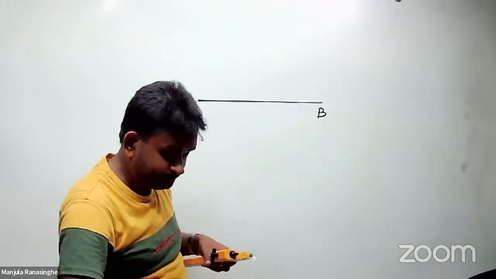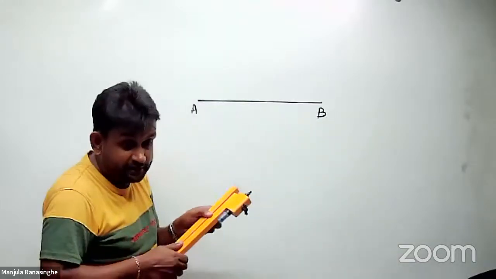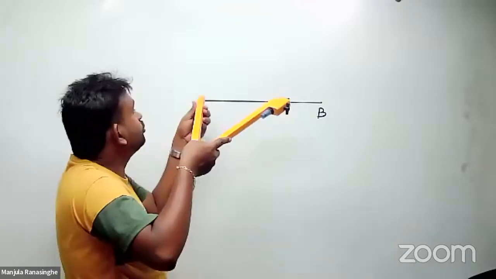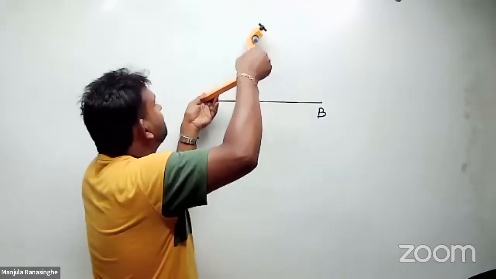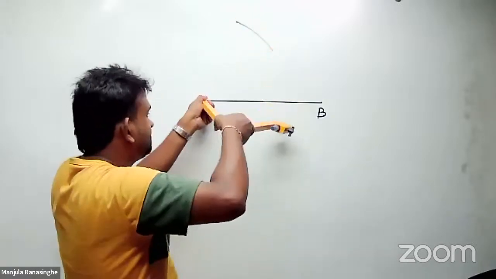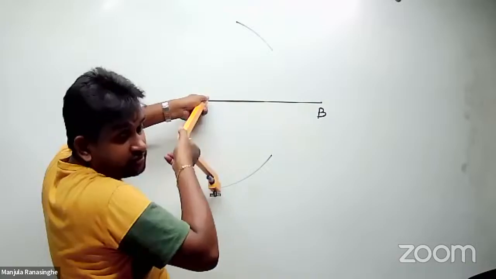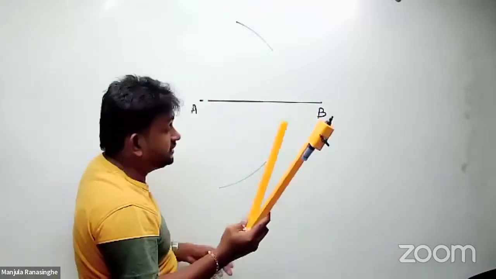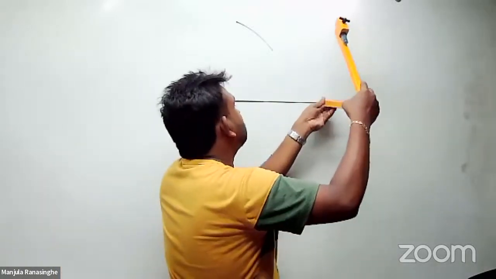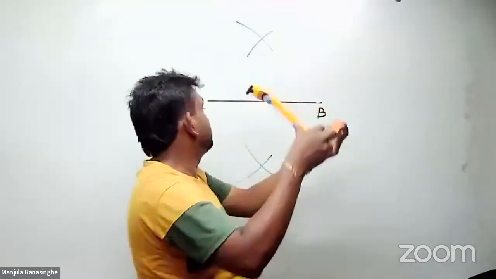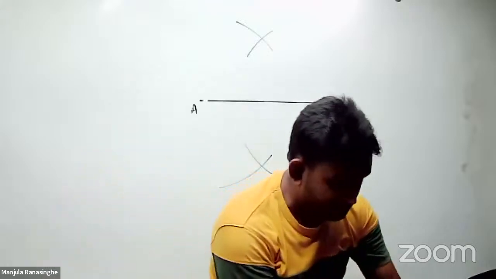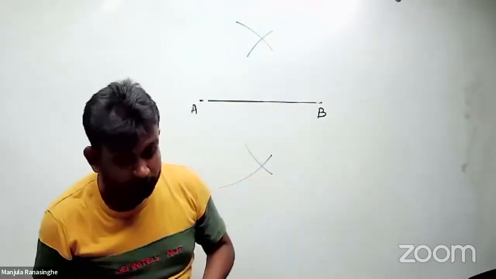Take the compass, take more than half of that length, and make an arc on the top as well as an arc on the bottom, at the same distance. Then without changing the distance, go to the other terminal and make arcs. Now you can connect these two arcs together.